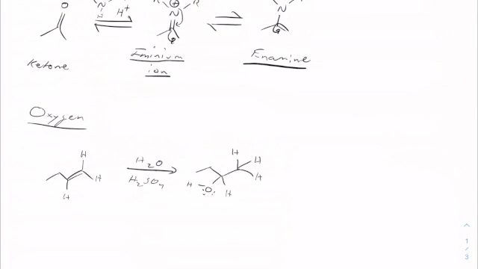Moving on down, we have our oxygen-based ones. We're going to start off with this simple carbon molecule here, and we're going to put it in the presence of some water and sulfuric acid. What that gives us is that oxygen is going to kick electrons from the oxygen onto this double bond, which is then going to kick it over to this position on this carbon, and that's where the oxygen is going to end up attaching.